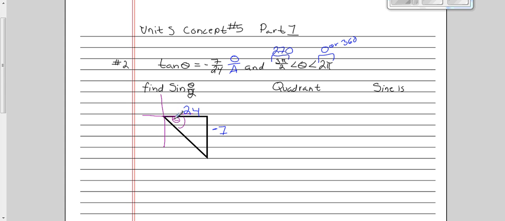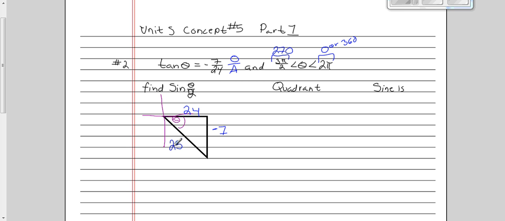How I got that was, if you look on this, your x values are positive and your y values are negative. That's how I got the negative 7 there. Now we need to find the third side, the hypotenuse, and this just happens to be a Pythagorean triple, so this one is going to be 25. Okay, so that was nice and easy for us. Some of the other ones on this packet you'll have to actually use the Pythagorean theorem.